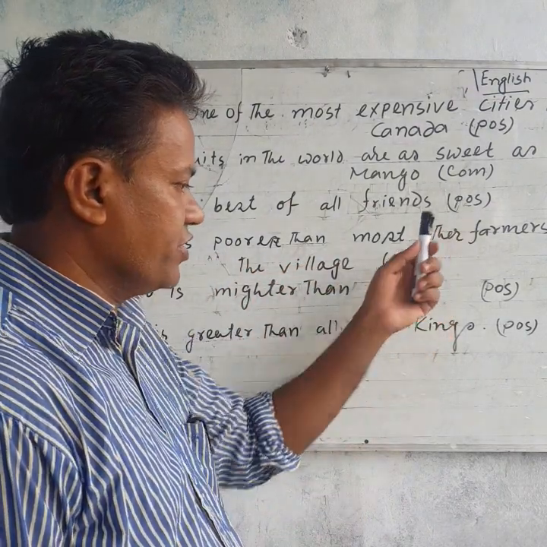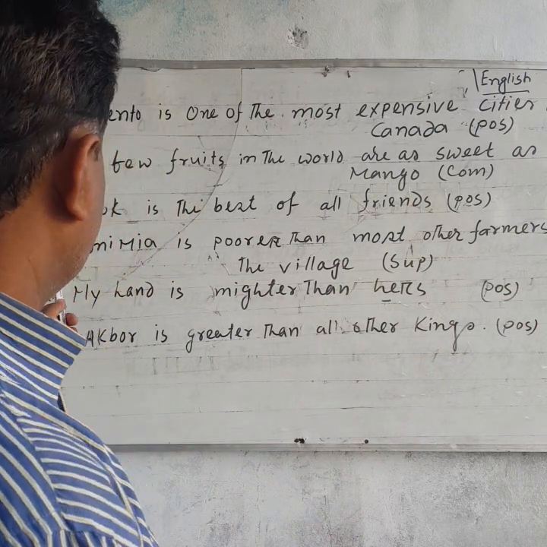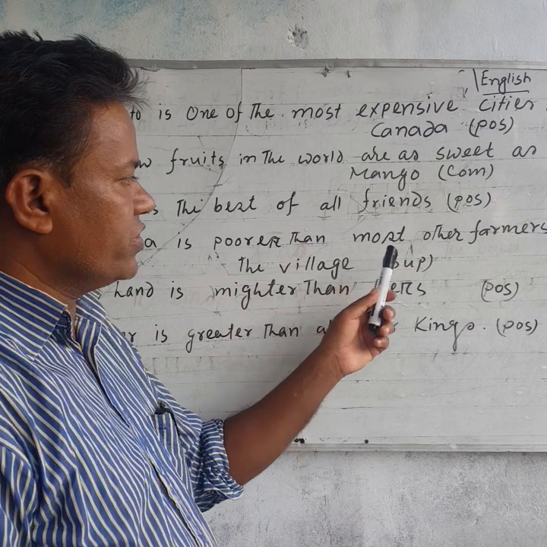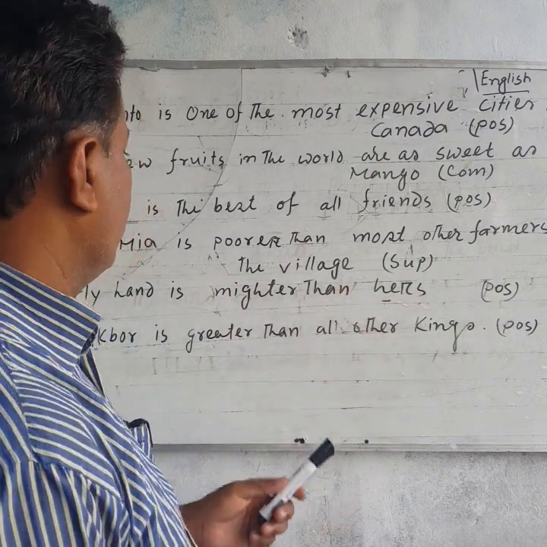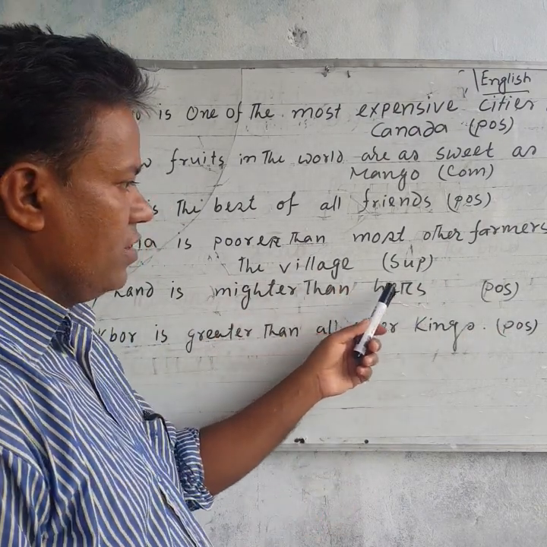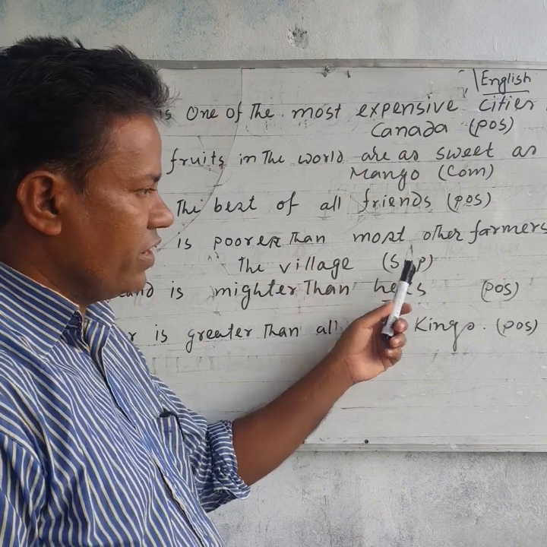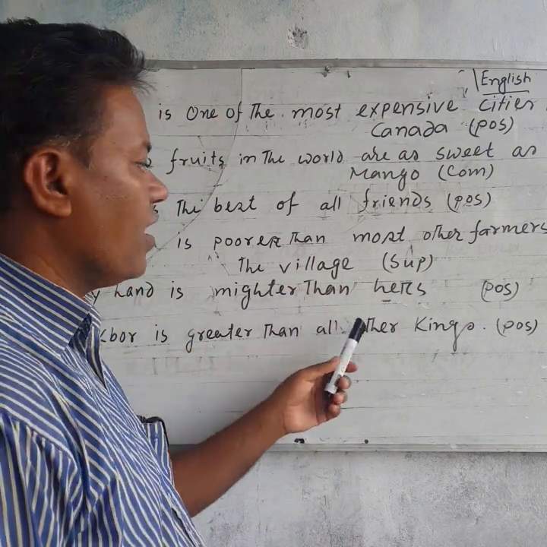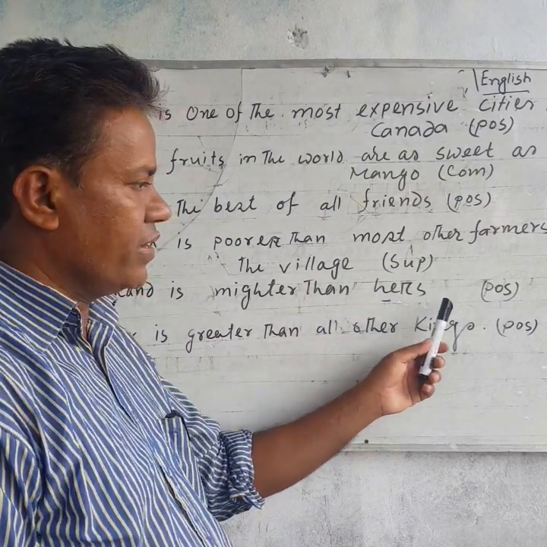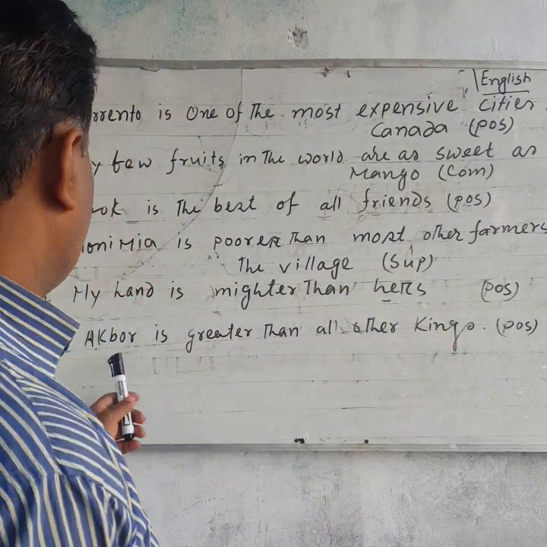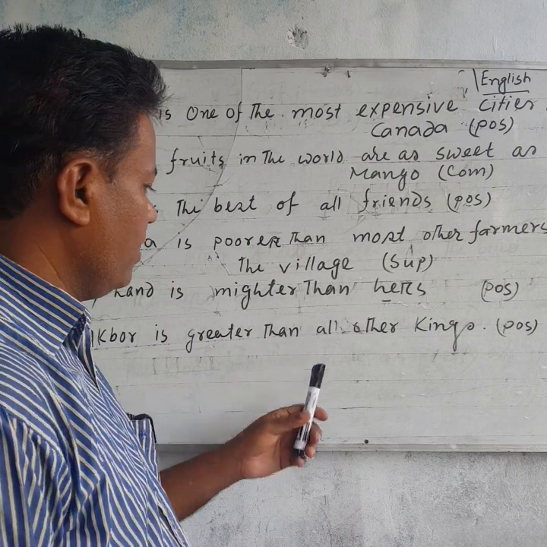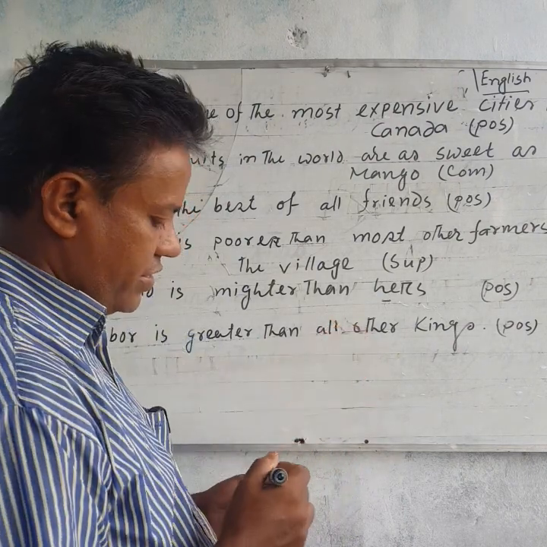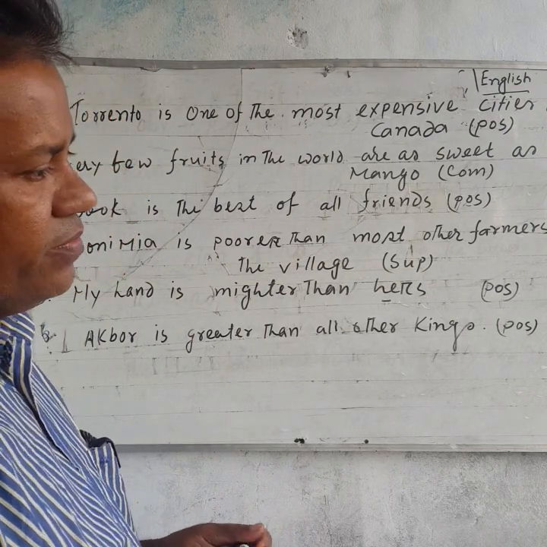Make it positive. Number 4: Goni Mia is poorer than most other farmers in the village. Turn into superlative. My hand is mightier than ours. Make it positive. Our God is greater than all other things. Make it positive.